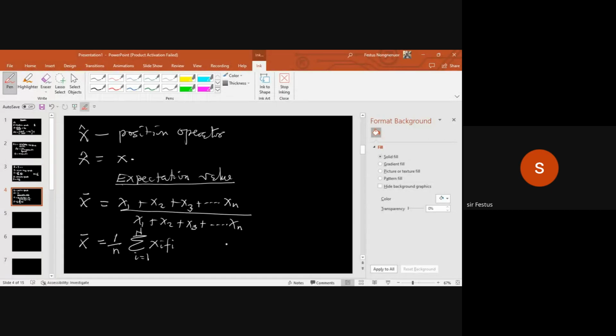Okay, that is if you have a sum. So here our n is equal to the sum of the outcomes, so that is going to be your x1 plus x2 up to your xn. So that is how you define your expectation value, where the i starts from the first number or the first row to the last one.